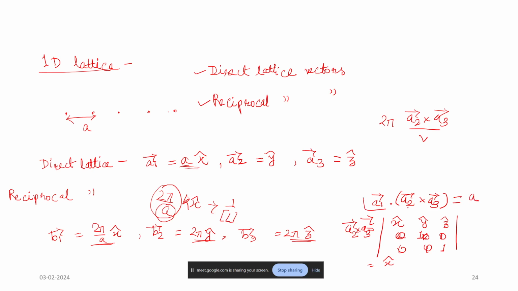Even though this is the expression for the volume of a parallelepiped, you are getting the answer a. So the unit is of length.